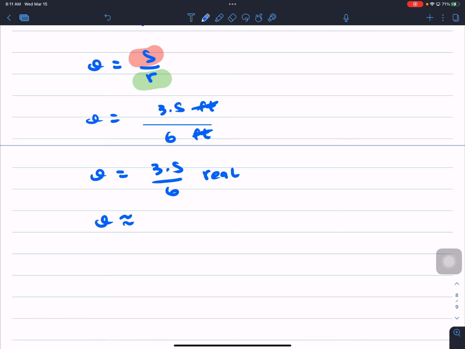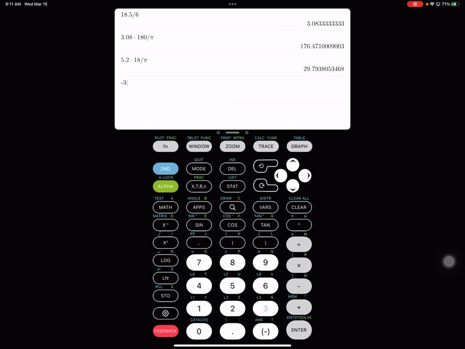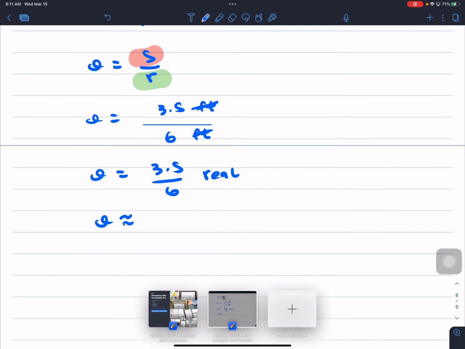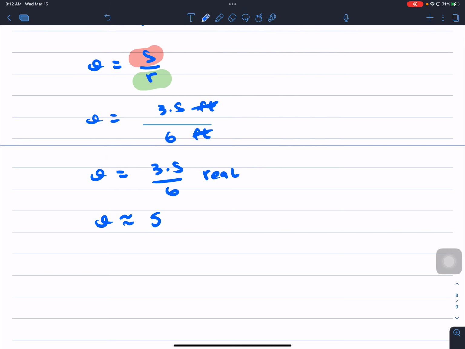Okay. 3.5 divided by 6. Let's get our calculator. 0.58 to the nearest hundredths, okay? So I'm going to give the radian values as decimals. So this is going to be, what do we say, 0.58? So it's 0.58 what?